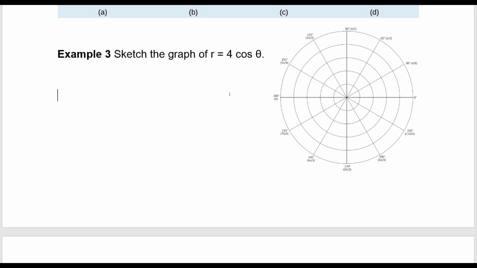Let's go ahead and use the standard values. Maybe I should do this in steps: theta, cosine theta, and then r equals 4 times cosine theta.